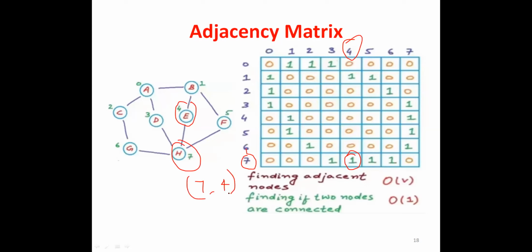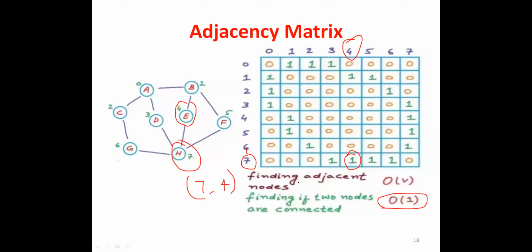If it is 1, I can say that they are connected. So it requires only order of 1. It takes only constant time to find whether the nodes are connected or not. It takes constant time for any connection check, like hashing. We have seen hashing, right? Hashing takes constant time to search an element.